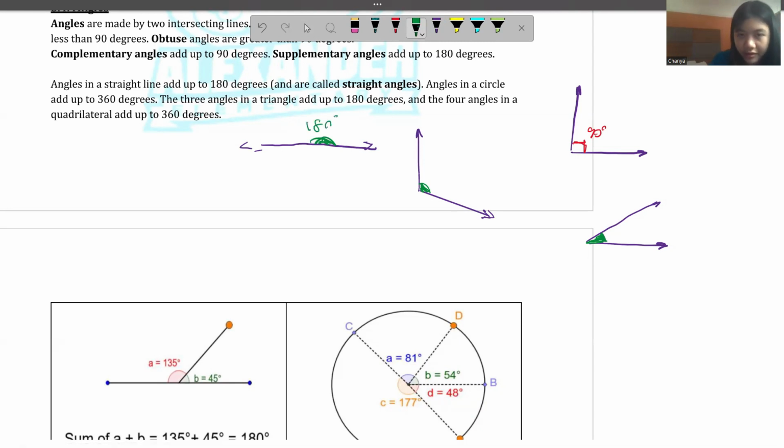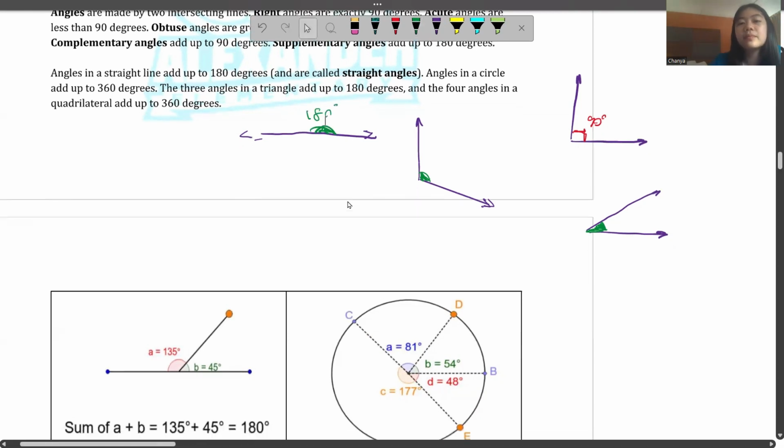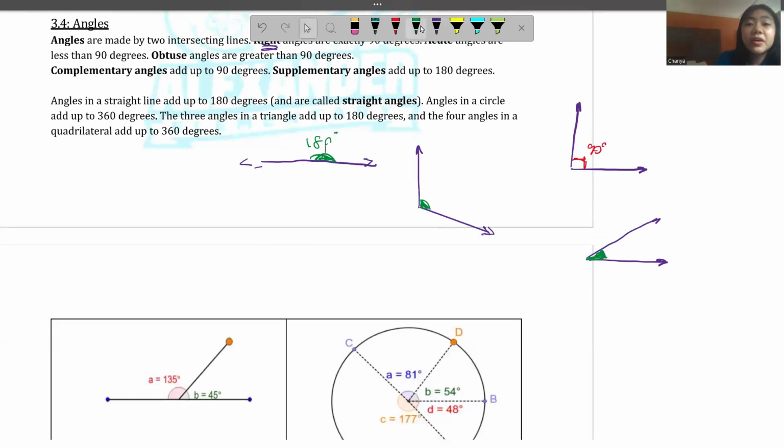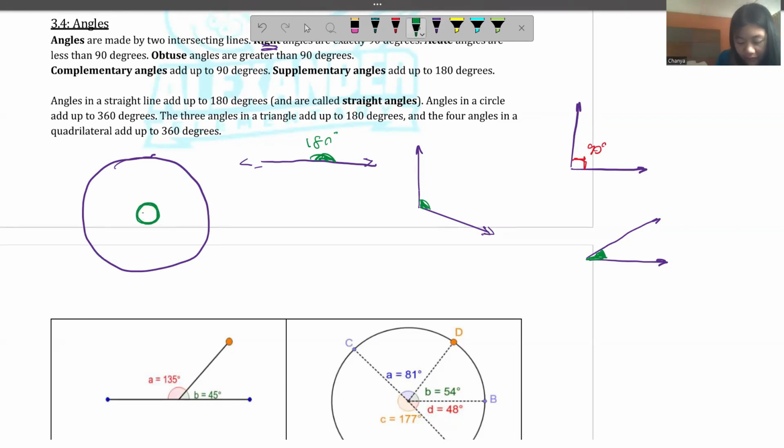It is 180 degrees. If you have a circle, and you have the center point right here, the entire sum of the angles in a circle is 360 degrees.